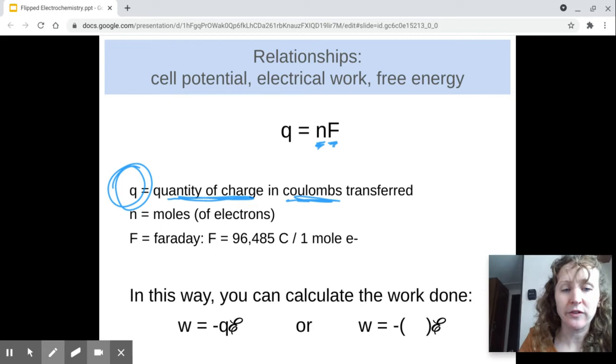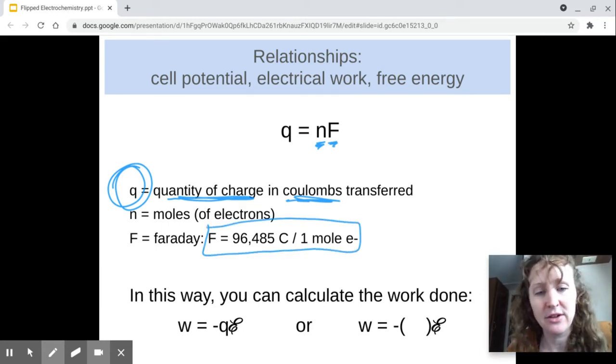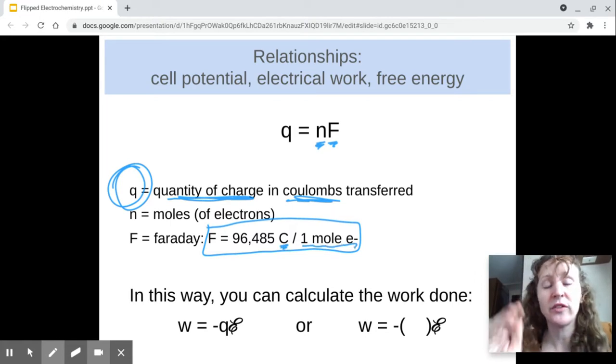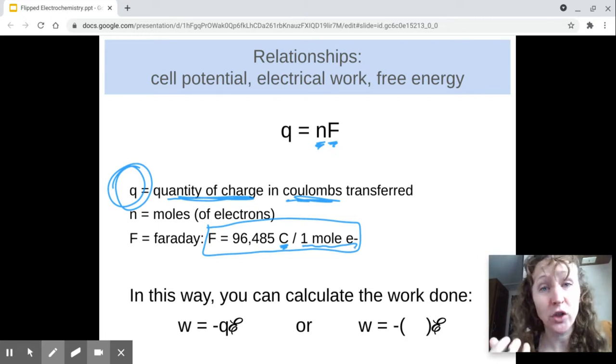So here's what a Faraday is. Faraday is 96,485 coulombs per 1 mole of electrons. So if you have 1 mole of electrons that flow through the wire, you will have 96,485 coulombs of charge that have moved through the wire, right?